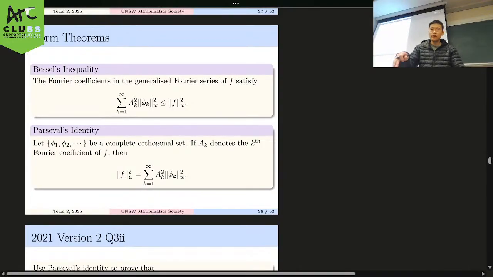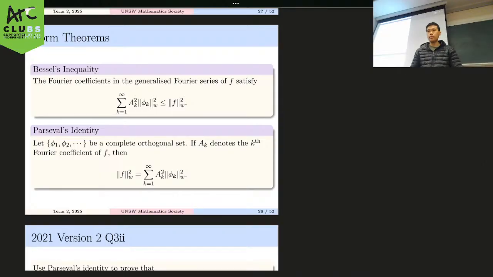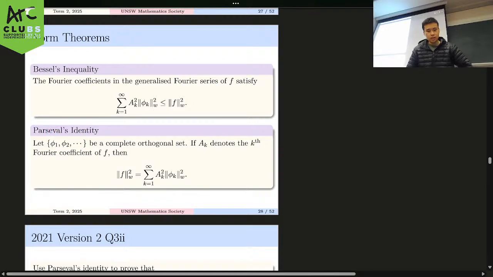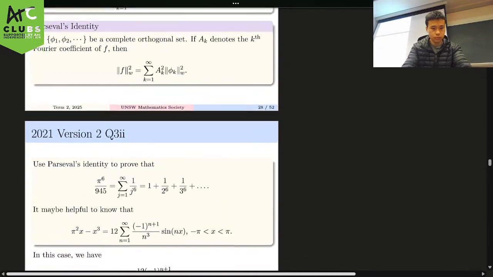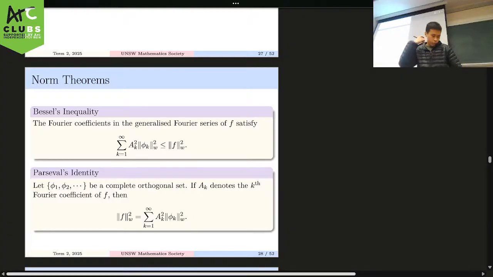But if we have a complete set, if you have enough functions here, then it's not going to be less than. It's actually going to be straight up equal to the norm squared. I don't know if the set has to be infinite in order to be complete, put a question mark on that. But that's Parseval's identity.